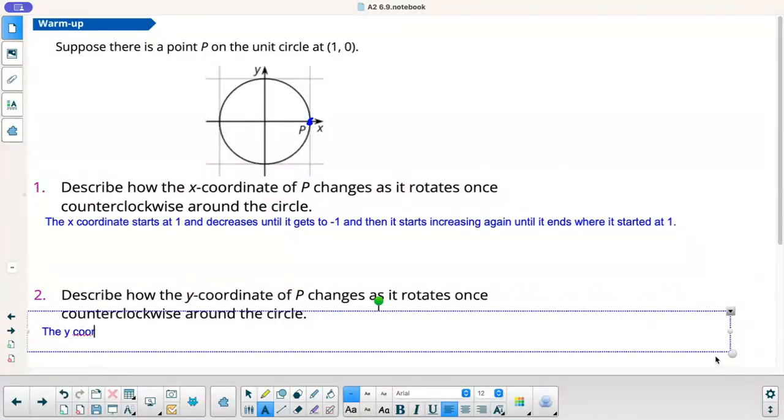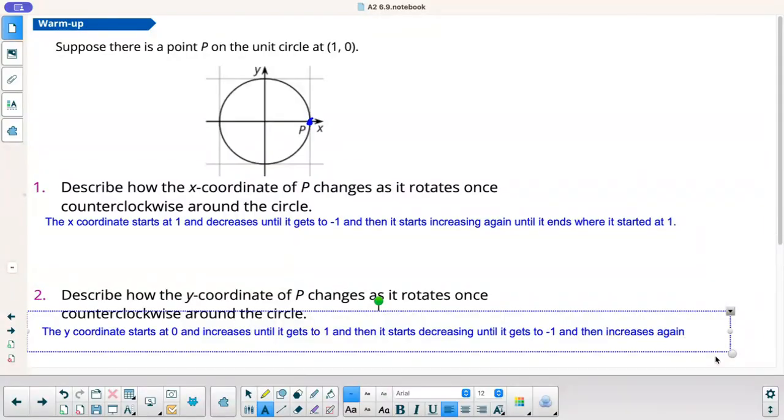Okay, and now the y-coordinate. The y-coordinate starts at 0 and increases until it gets to 1, and then it starts decreasing until it gets to -1, and then increases again to 0.